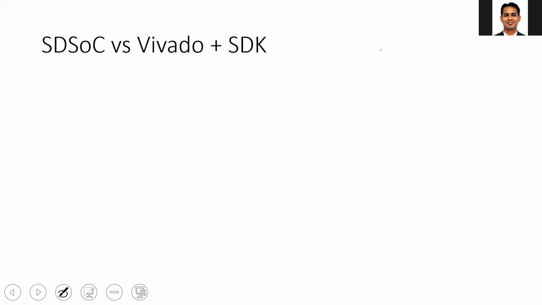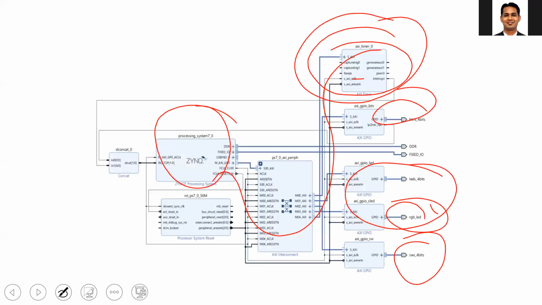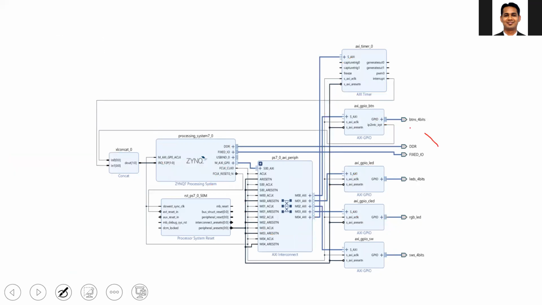Another issue is that in case of the ARM processor, your code is there inside the DDR memory, which is the off-chip memory. So if you want to do the emulations in the Vivado SDK design flow, you need to have the emulations of the DDR memory, which is not available.